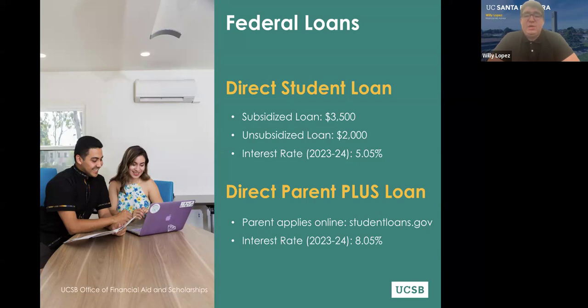One big note about these is that when accepting loans of either type, you do have to complete a couple of requirements, and those include the master promissory note and the entrance counseling for said loans.